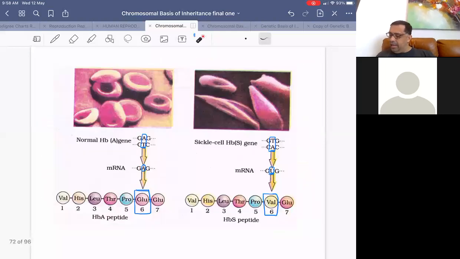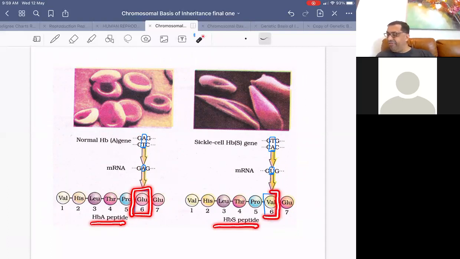So in hemoglobin A peptide, the HbA one, the normal protein, here there is glutamic acid, and in HbS, the sickle cell one, valine comes in. So glutamic acid is substituted by valine.